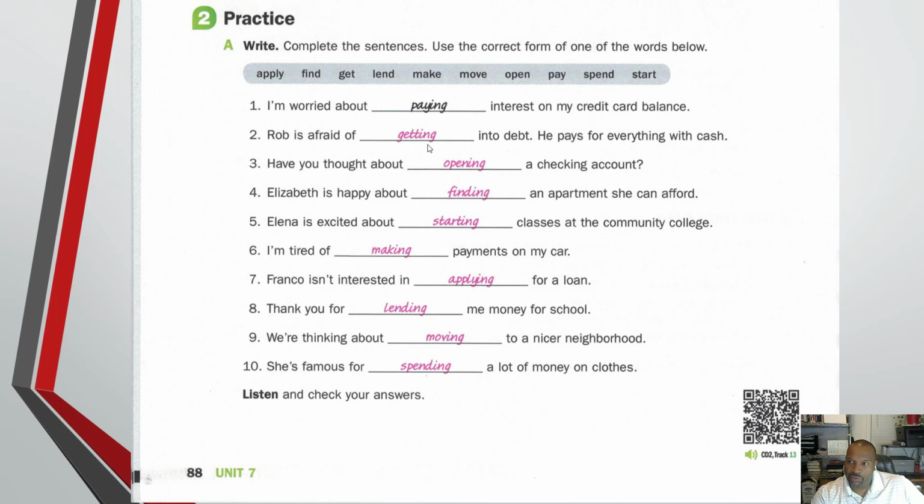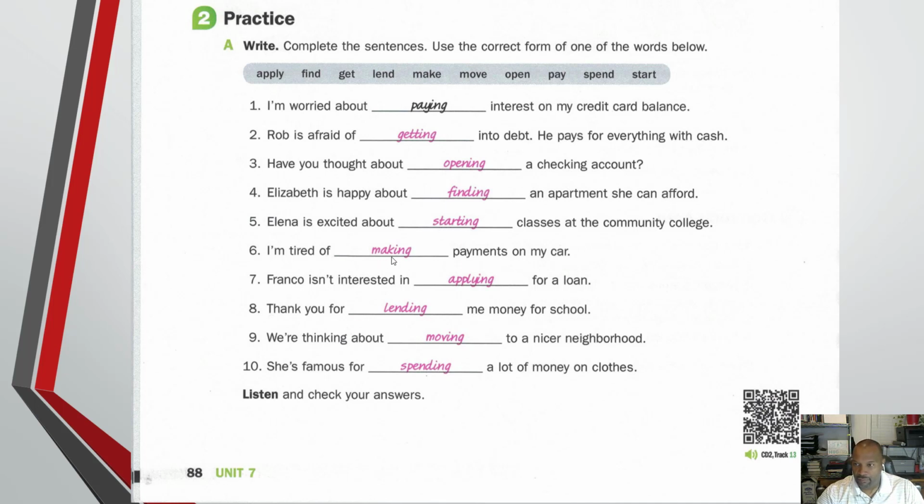Gerunds after prepositions. So we have the prepositions: worried about, paying. Gerund. Afraid of, getting. Thought about, opening. Happy about, finding. Excited about, starting.